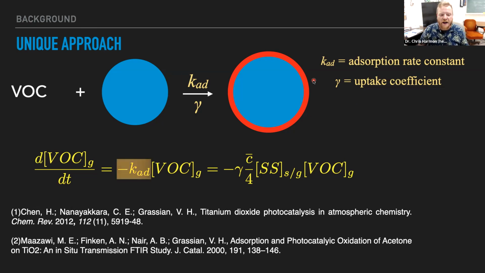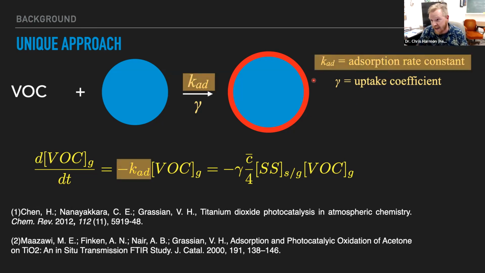So what we're going after is the adsorption rate constant. And furthermore, we're going after this because you notice if I'm interested in the kinetics here, if I'm interested in the loss of VOC over time, so dVOC/dt, I can put this in terms of the first order adsorption rate constant or in terms of the uptake coefficient, but this requires me to know this S_S parameter.